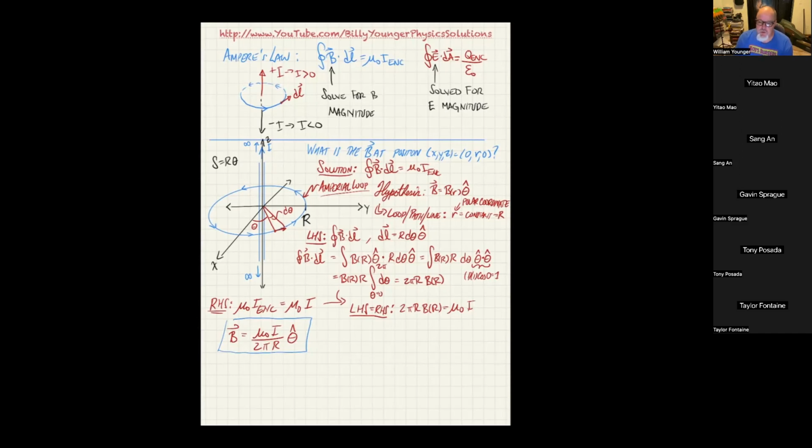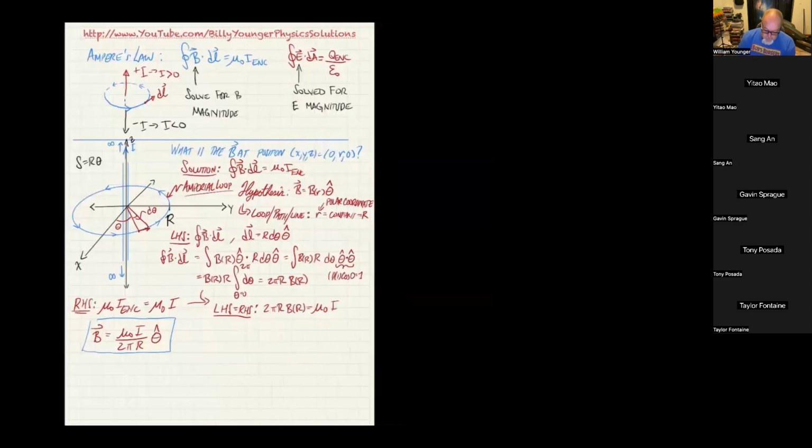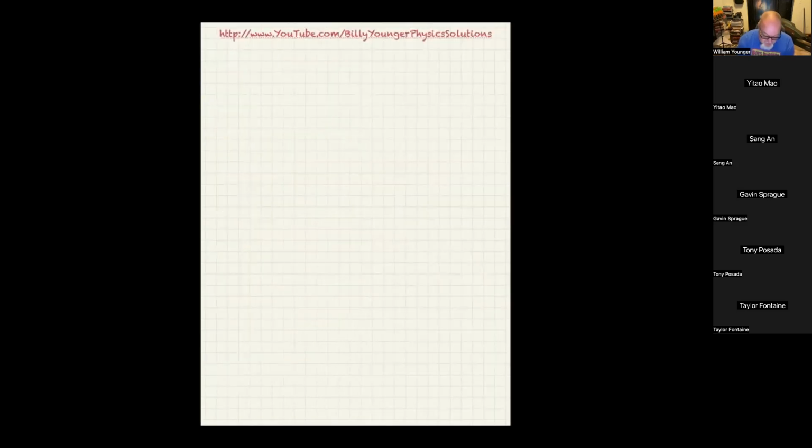All right, let me show you 2 of the other simple ones, and then we'll try to do a fairly hard one. The first simple one I'm going to do is a solenoid. Imagine there is a wire coming down like this, and let's say current is going this way.